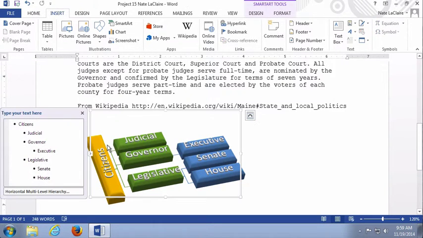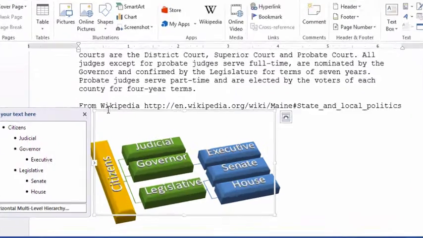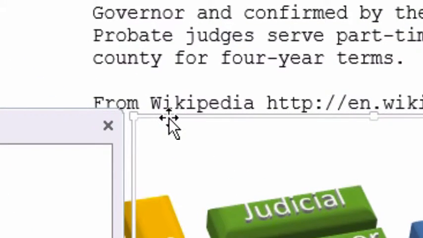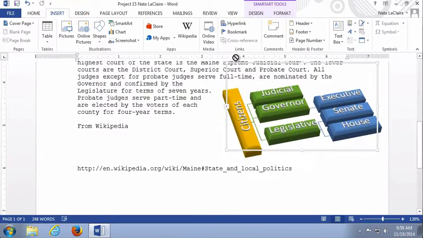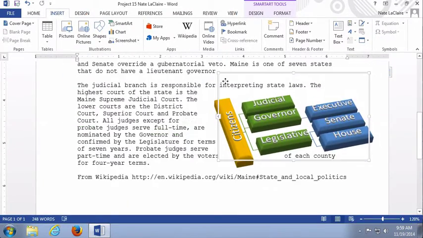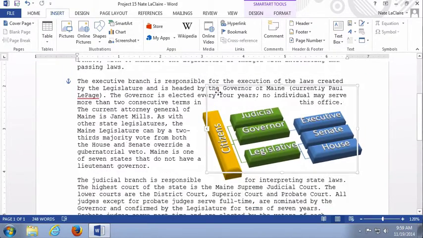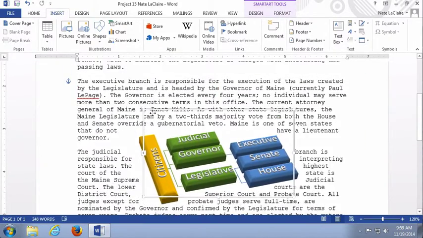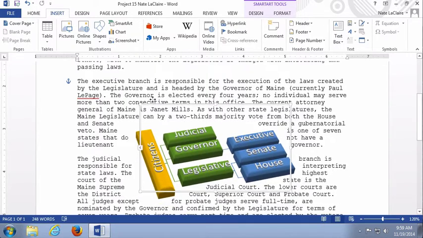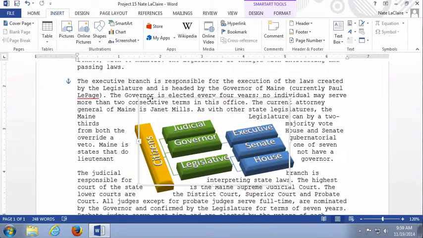Click on the Smart Art to reselect it and position the mouse anywhere on the border to when the cursor looks like it looks on my screen right now. Now click and drag that up and drop it somewhere within the text.